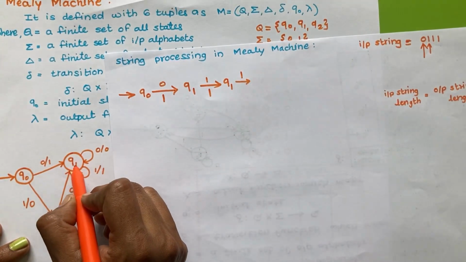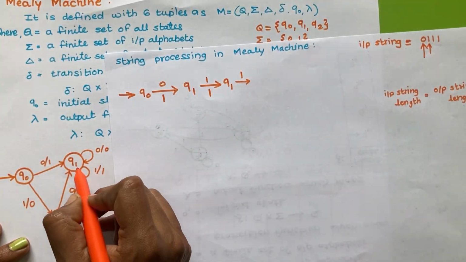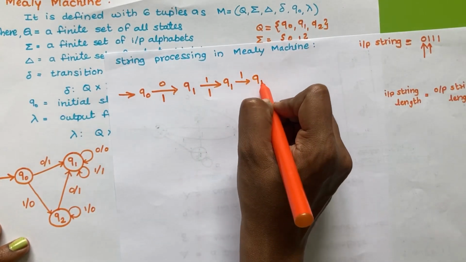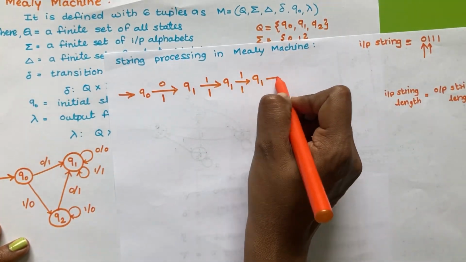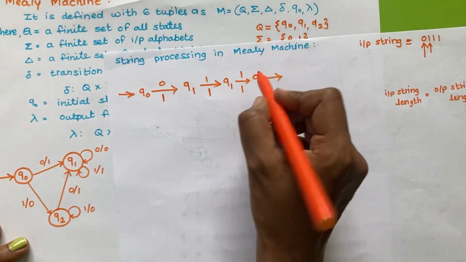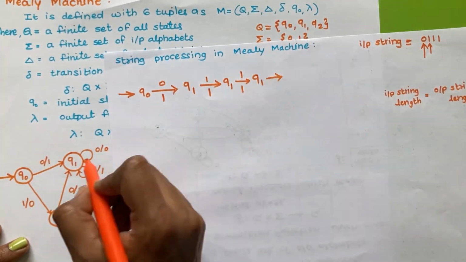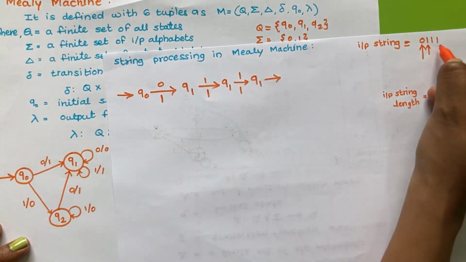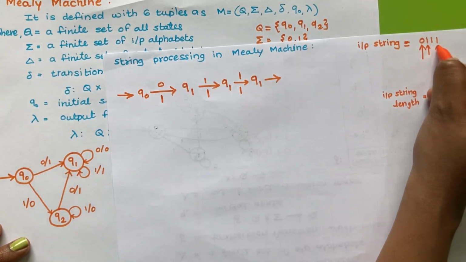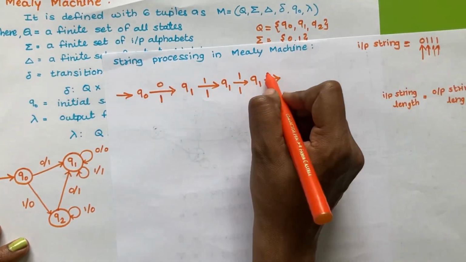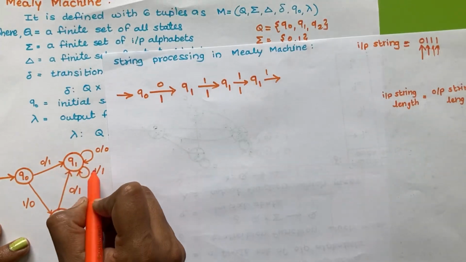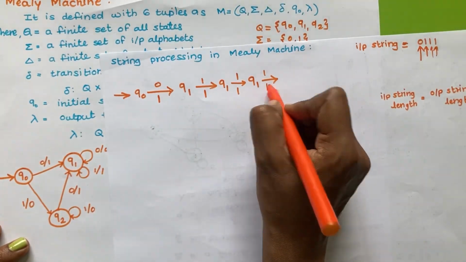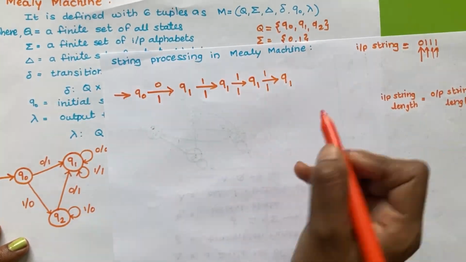Again we have the same state, Q1, and 1 will be replaced by 1. Next we are again at state Q1 and the next input symbol is 1, so it is replaced by 1 and the output state is again Q1.